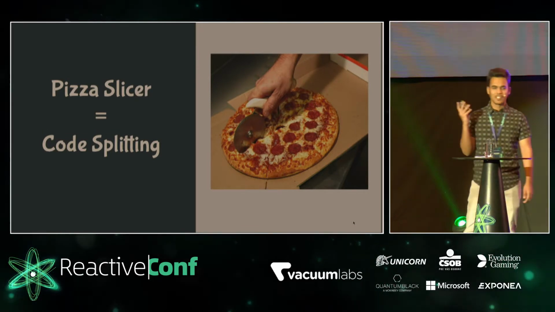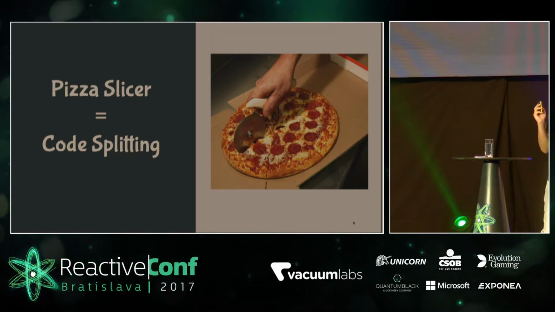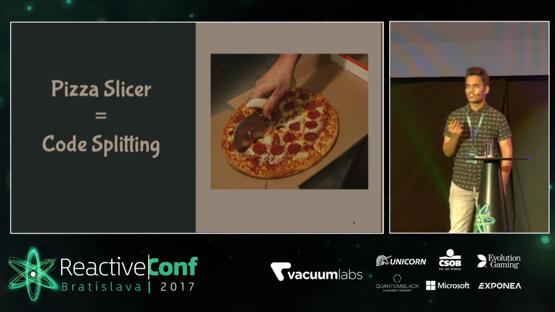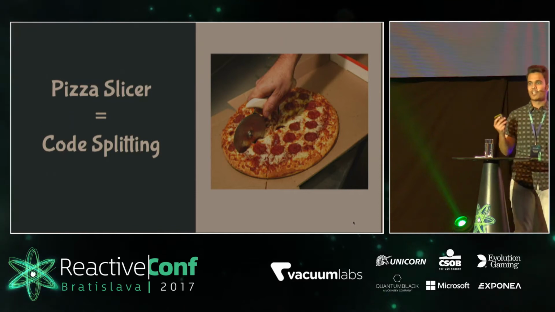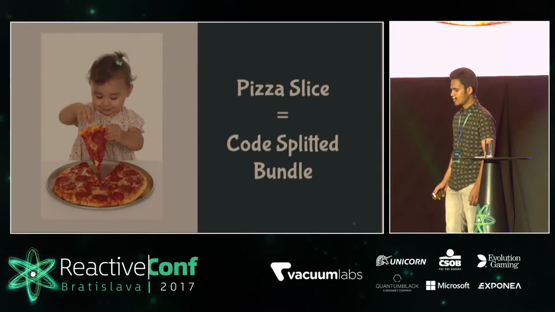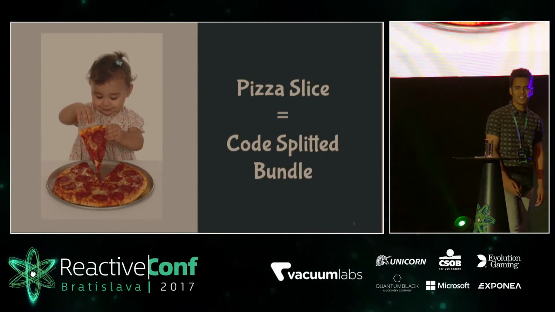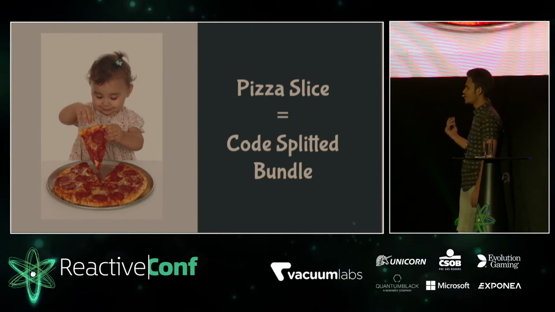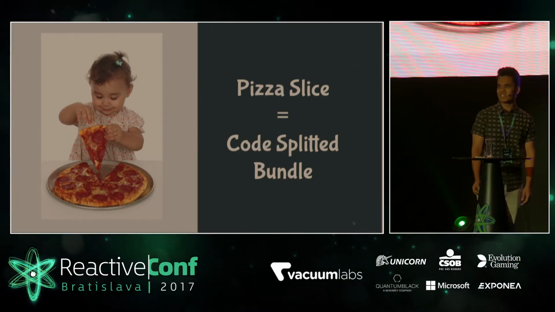The pizza slicer is my webpack, which will code split my entire application as per my configurations, and it will load based on whatever is needed as per my configurations. So finally I'll have a pizza slice, I'll give it to the kid, and the kid is happy and she can easily grab it.